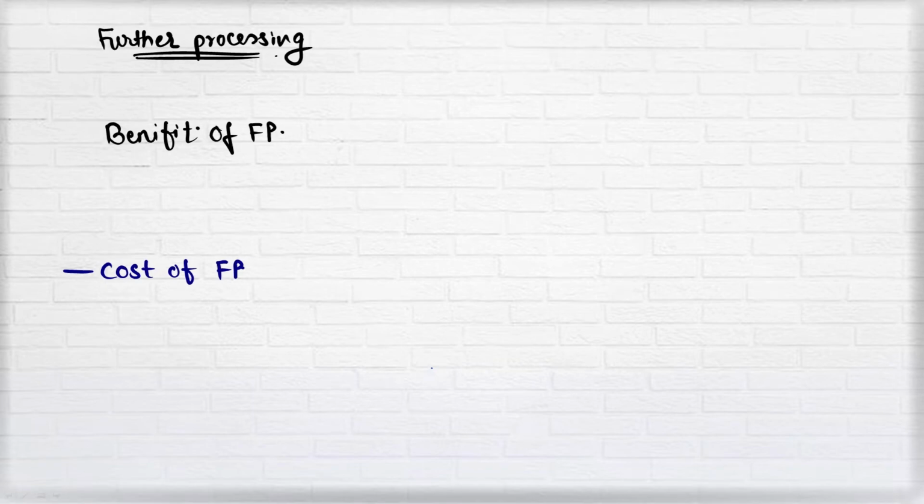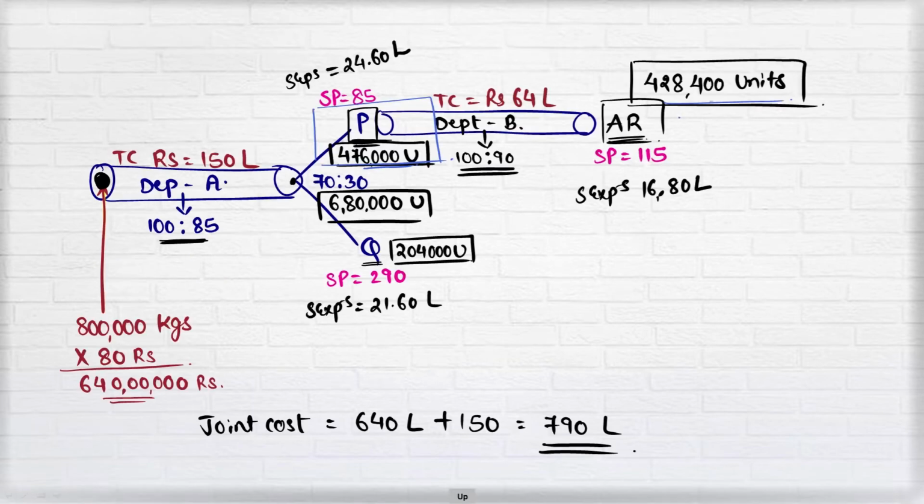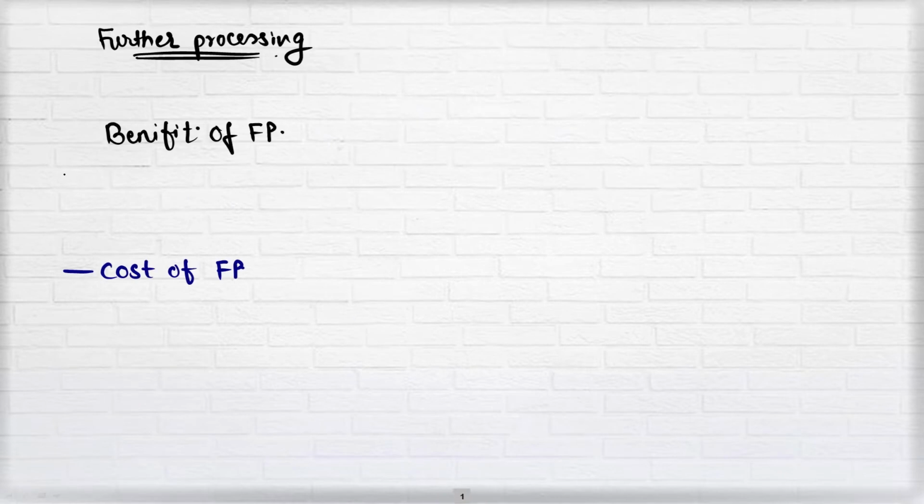If I further manufacture and produce AR, I am going to get a selling price of 115 on 4,28,400 units. So 4,28,400 units multiplied by 115 rupees per unit.